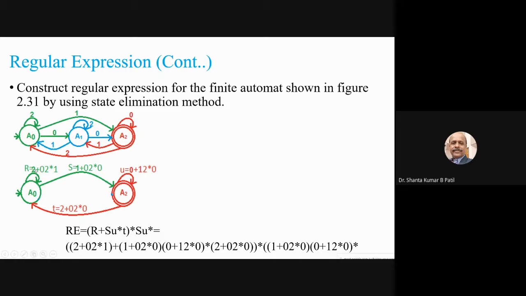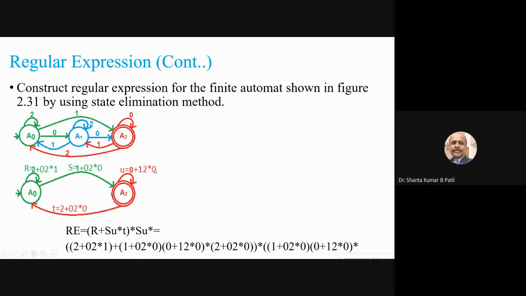So that's 2 plus 0, 2 star, 1. One path is already there from A0 to A2 on 1. After eliminating this, one more path is created, that is 0, 2 star, 0. One path is already there from A2 to A2 on 0. After eliminating this, one more path is created, that is 1, 2 star, 0.